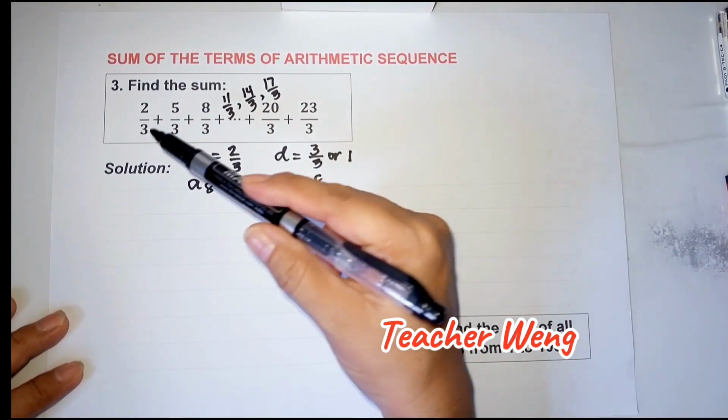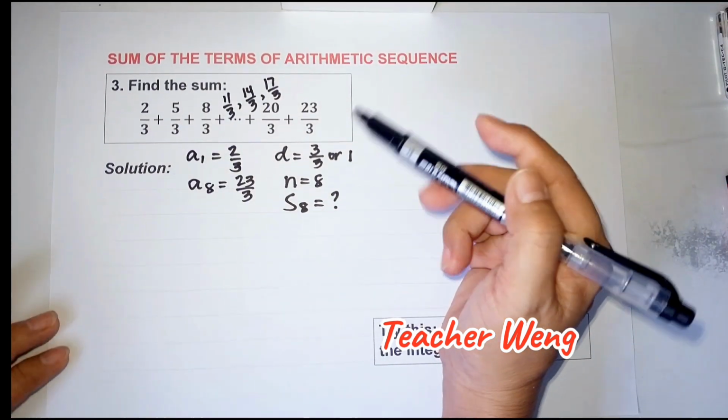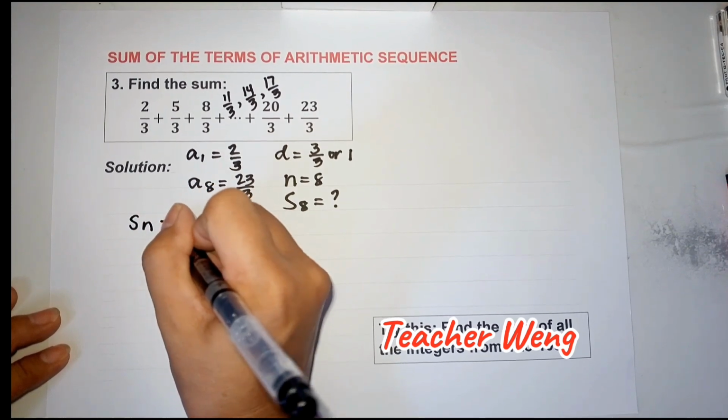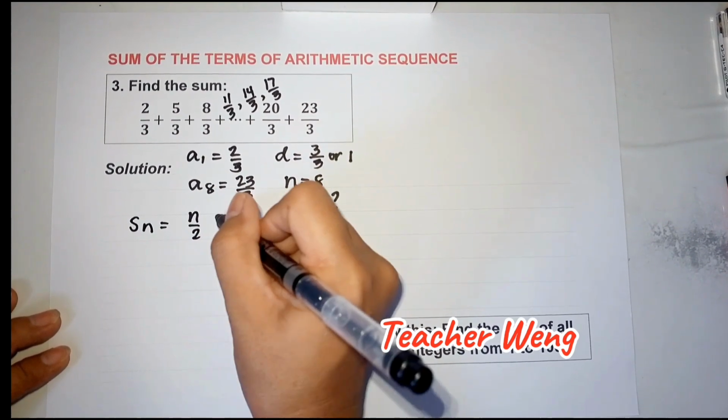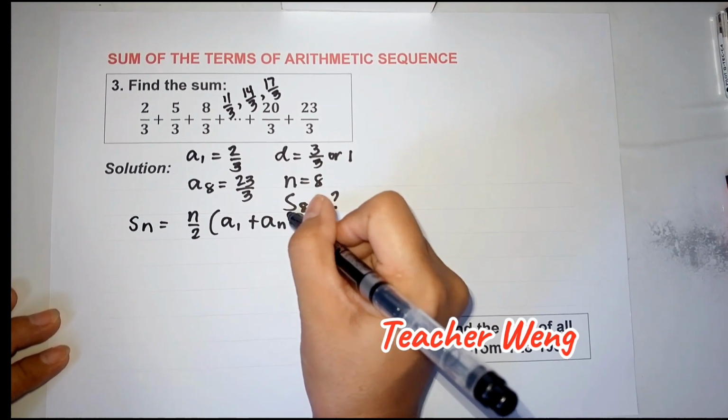Since we know the first term, the last term, and the number of terms, we can use the shorter formula. That is, S sub n equals n over 2 times a sub 1 plus a sub n.